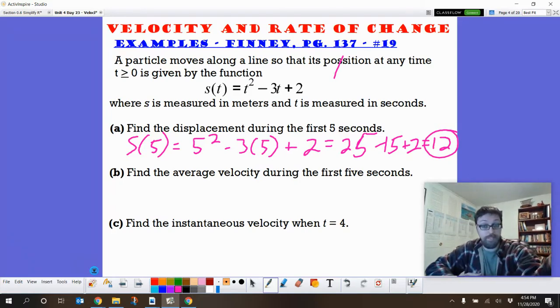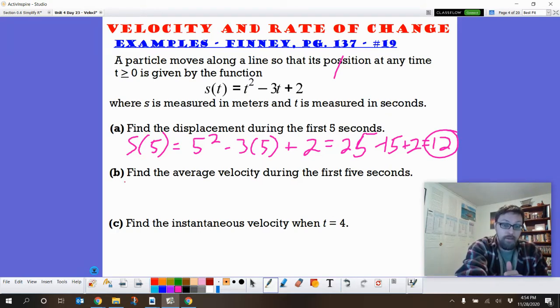Cool, done, easy. If we want to find the average velocity during the first 5 seconds, we need to figure out the slope between the 2 points of (5, 12) and where it started. At time 0, where was it? You can plug that in real quick: the terms are both 0, so it's at 2.